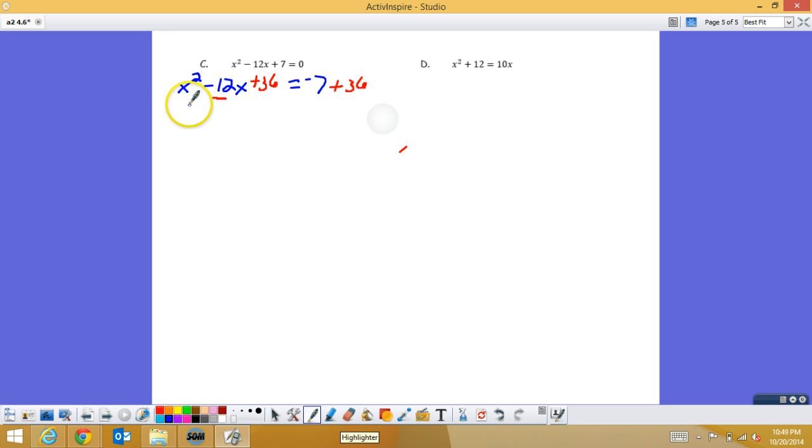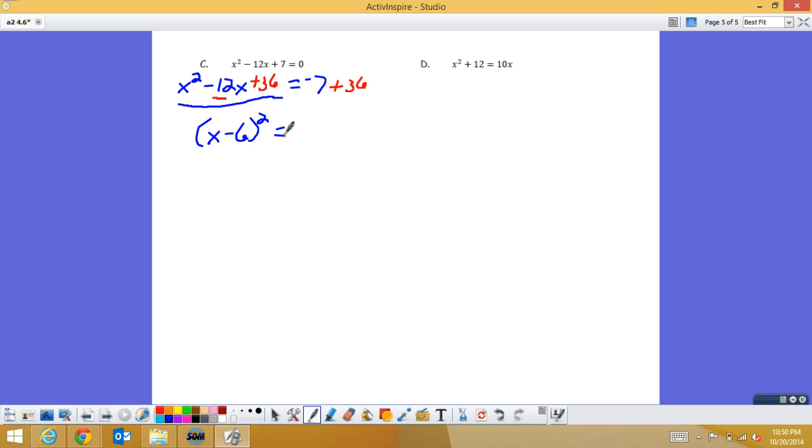So once again, on the left side, this is a perfect square trinomial, which will factor to the square of a binomial. And the factors of 36 that will add up to negative 12 are negative 6 and negative 6. So we have x minus 6 times x minus 6, or x minus 6 squared.